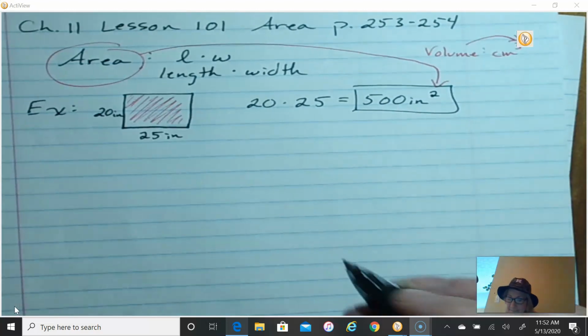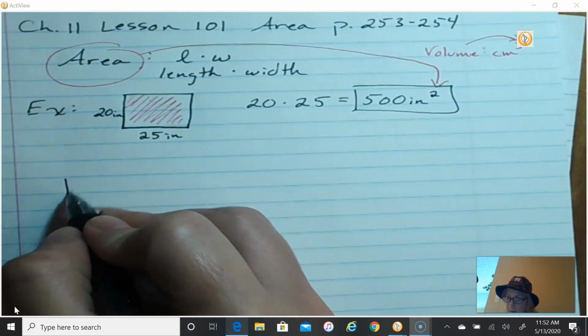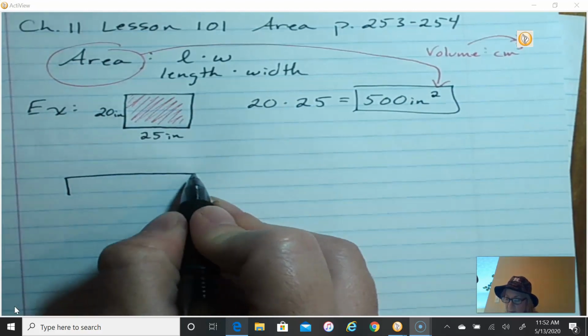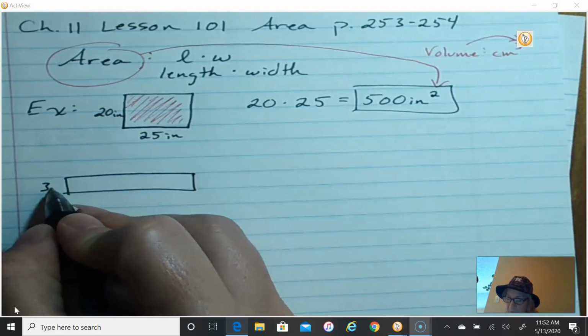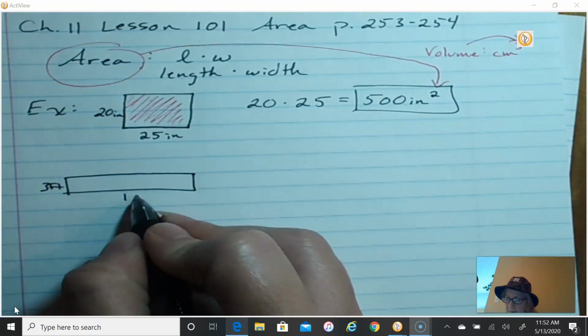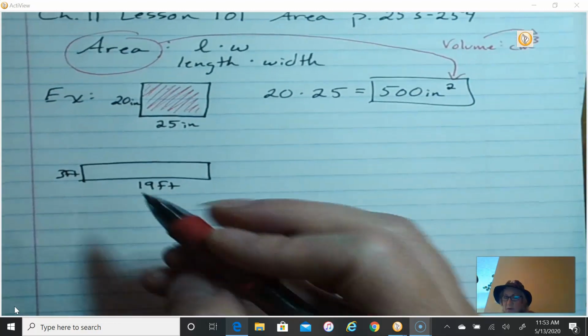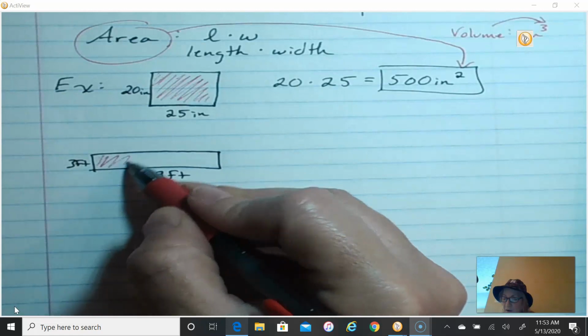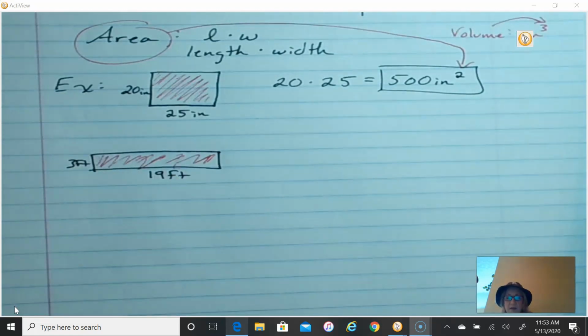Let's do some more. Let's say that this is 3 feet and this is 19 feet. Again, we're looking for area. Area is all that's here, not the perimeter. Perimeter is all the way around. Remember crown molding?